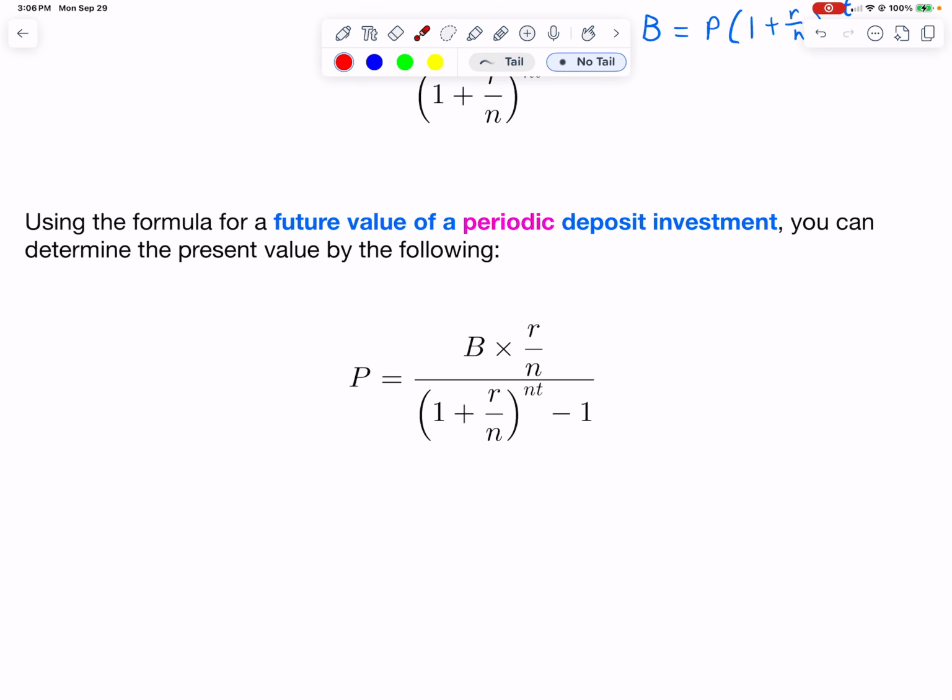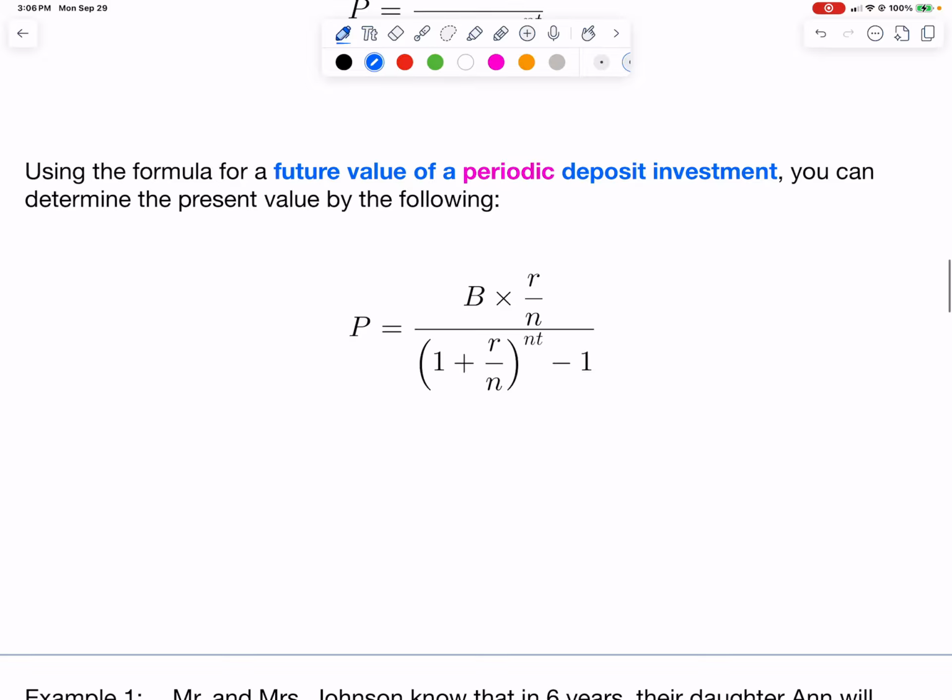Again, this is just an algebraic maneuver of solving for P when we knew what the equation was for B. And if you recall, the equation for B was B equal to P times the quantity 1 plus r over n, again r is in decimal form, raised to the nt power, n is the compounding frequency, t is the number of years, minus 1, so this whole thing divided by the rate over n.